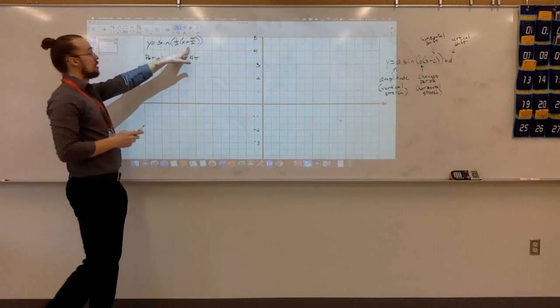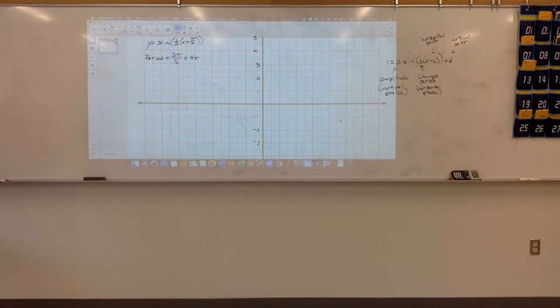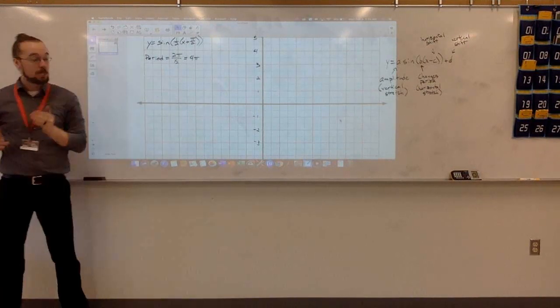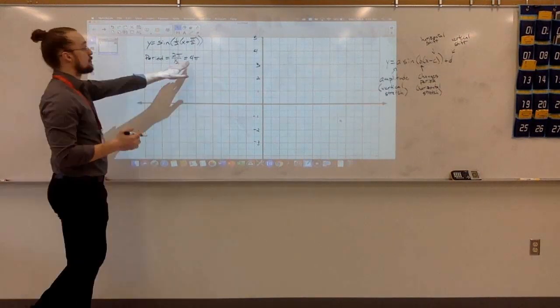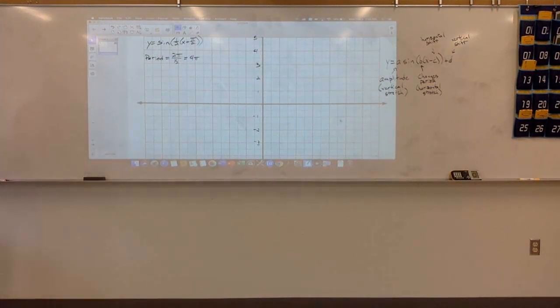And I can see that I'm shifting the graph by pi over 2. Okay, so if we're thinking about my period, normally I would be going from 0 to 4 pi. But I'm taking that and I'm shifting it to the, in this case, left, pi over 2.